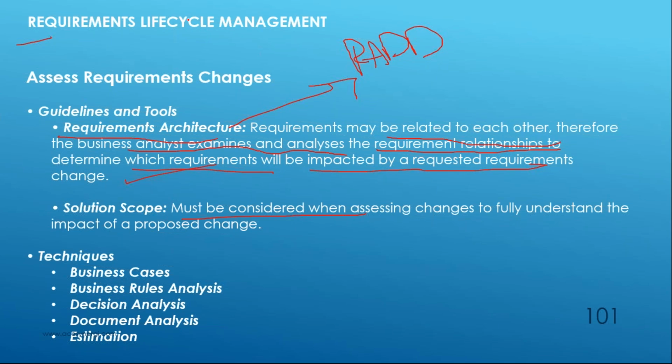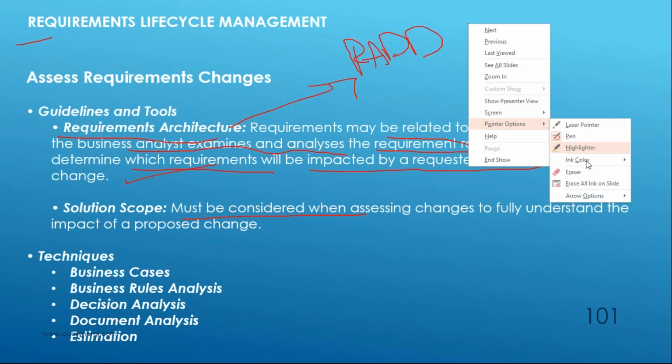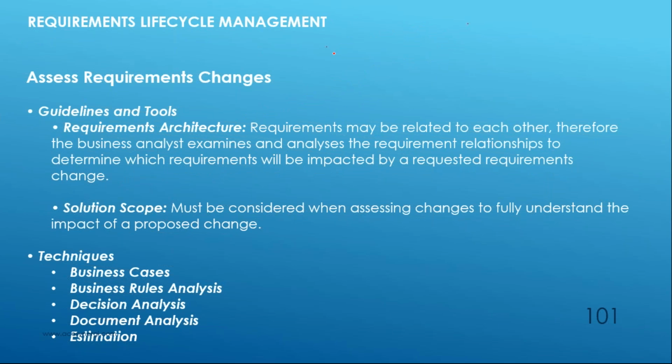Solution scope is very important because whenever we speak about our BRD document or a vision and scope document, in those deliverables, we clearly specify which is in scope and which is out of scope. This really helps you do effective change management. That's where your solution scope comes into the picture.